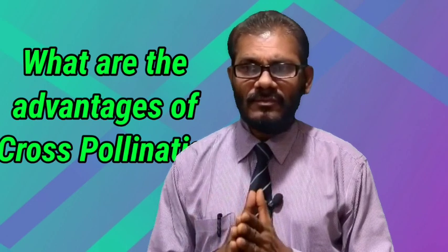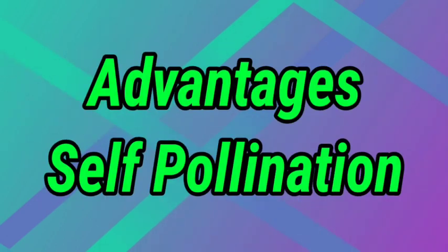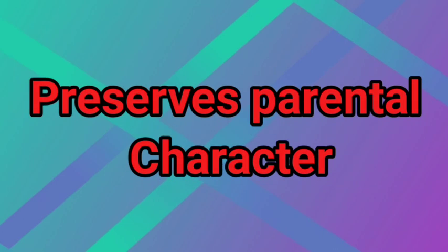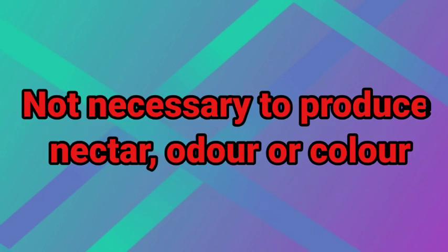First of all we'll see the advantages of self-pollination. It preserves the parental structure, यानी कि parental structure को preserve करने में बहुत सहायता होती है, and it is not necessary to produce nectar. nectar मतलब जो flowers में juice present होता है, that is called the nectar. तो कोई ज़रूरी नहीं है कि nectar produce करें. odor मतलब सुगंध, कोई ज़रूरी नहीं कि उसमें होगी, कोई ज़रूरी नहीं है कि सेल्फ पॉलिनेशन फ्लावर के अंदर में ऑर्डर होगा ही.